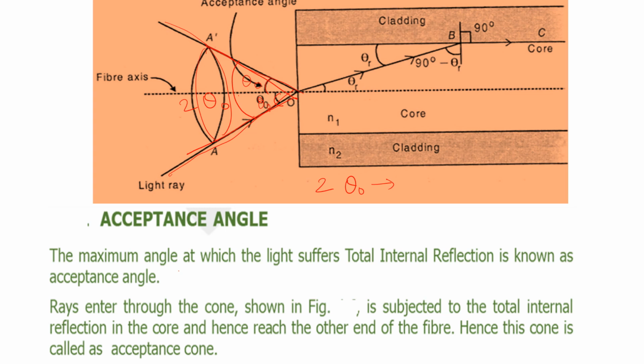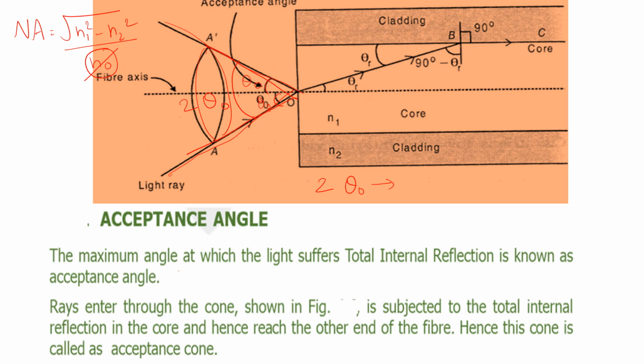So here in this derivation we have seen the numerical aperture is equal to root of n1 square minus n2 square divided by n naught. Since air medium is there, n naught is considered as 1.